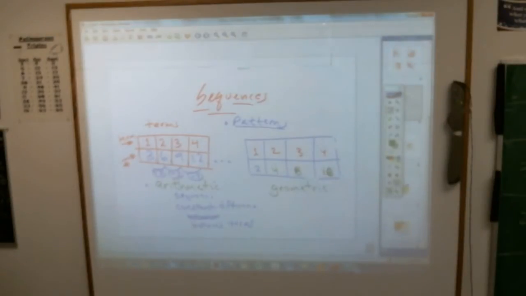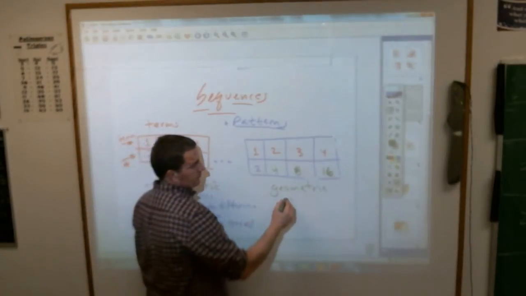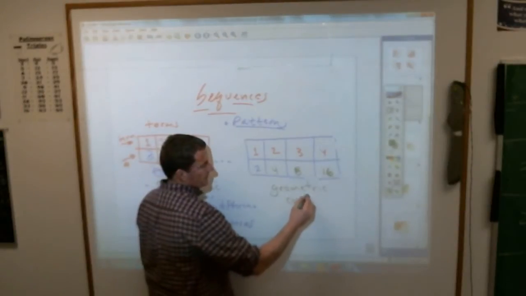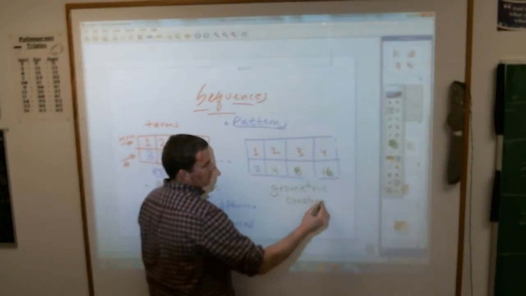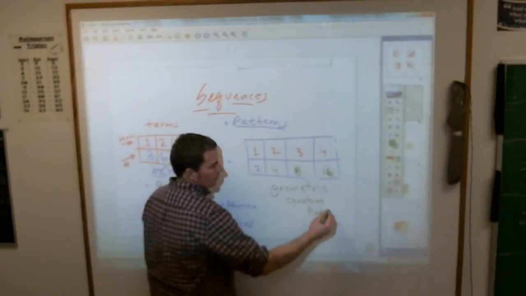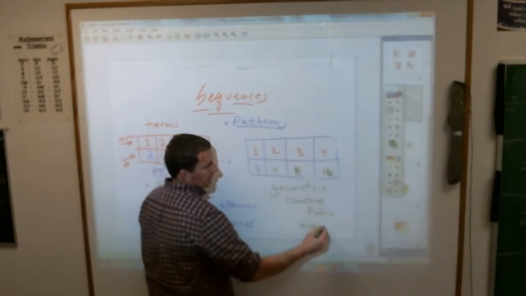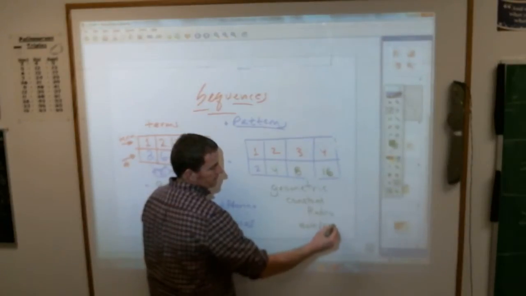If it's geometric, it has what we call a constant ratio, or AKA you are multiplying or dividing between terms.